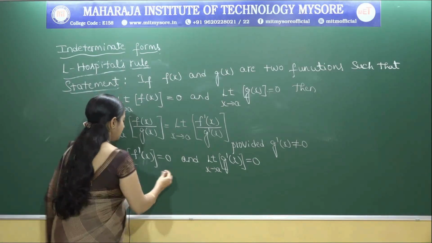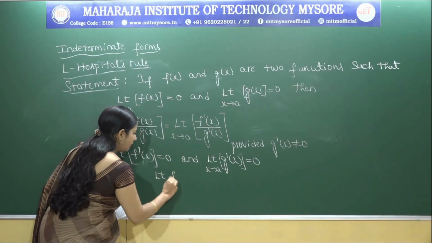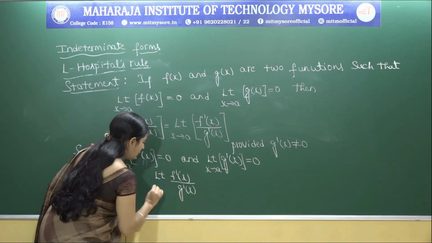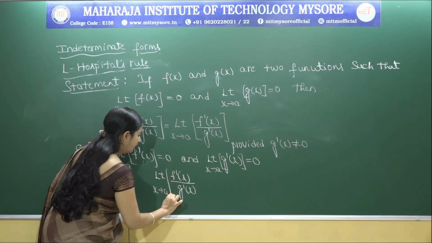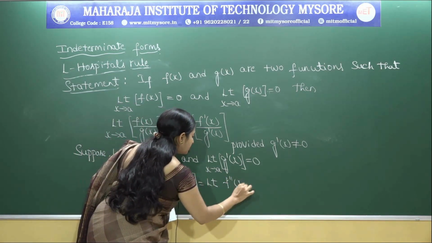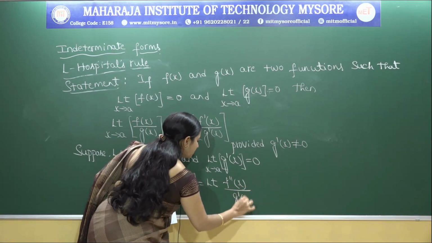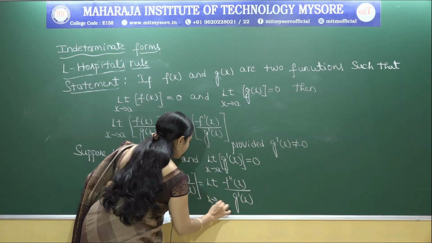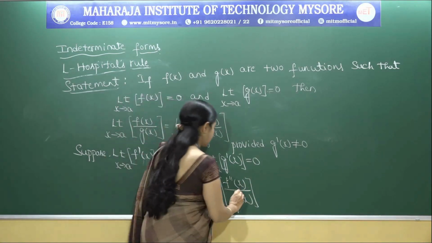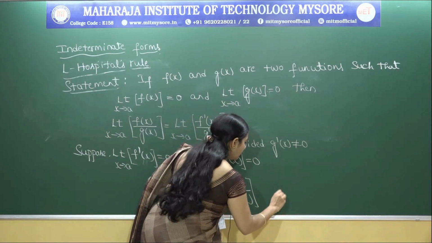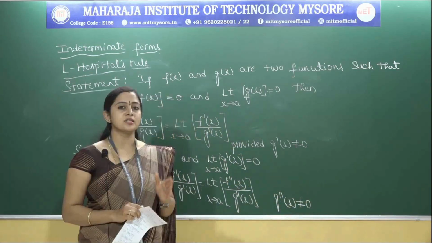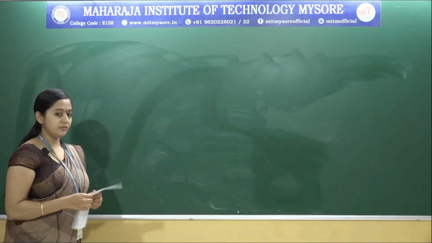Then the limit of f dash of x divided by g dash of x as x tends to a equals the limit of f double dash of x by g double dash of x as x tends to a, provided the g double dash of x is not equal to 0. This is called the L'Hospital rule.